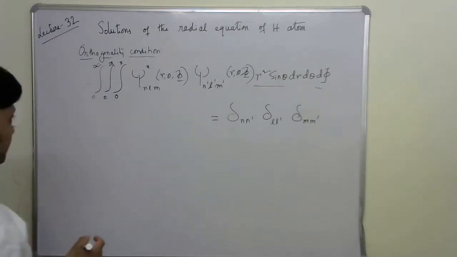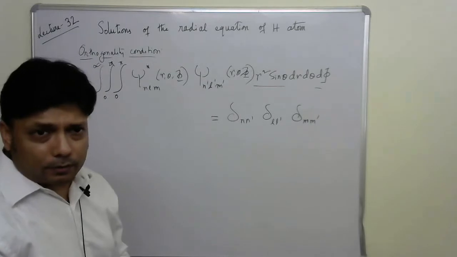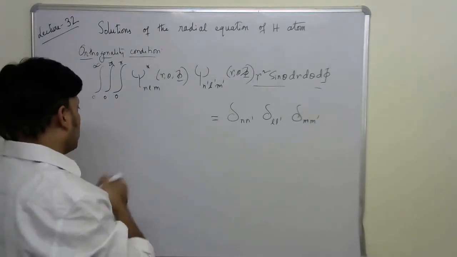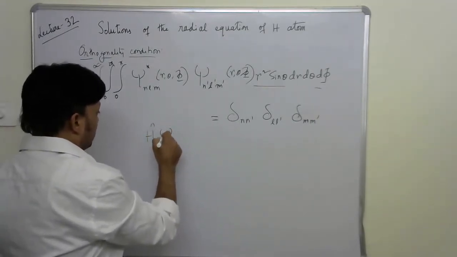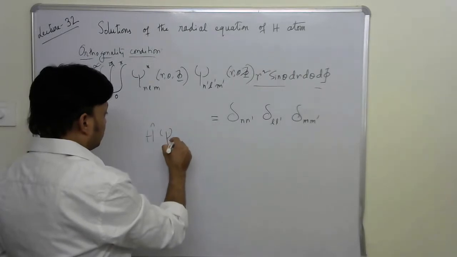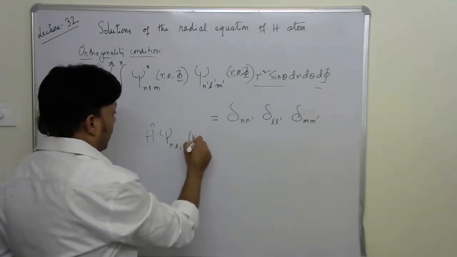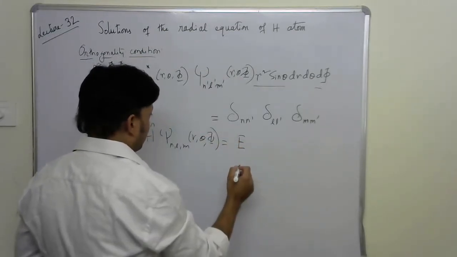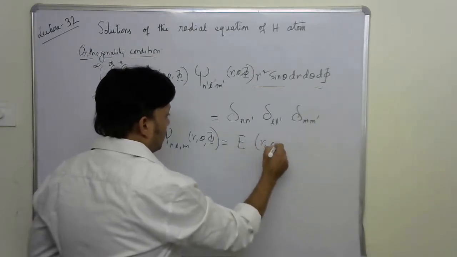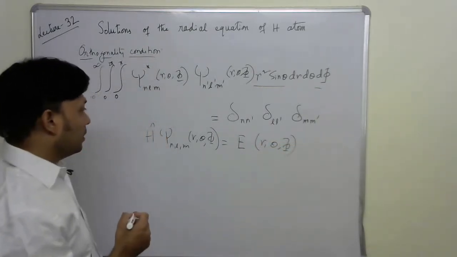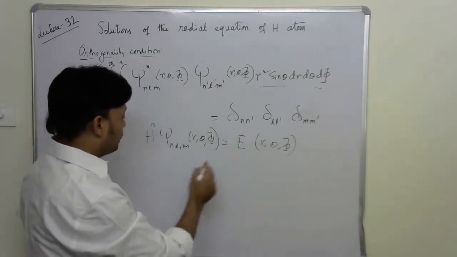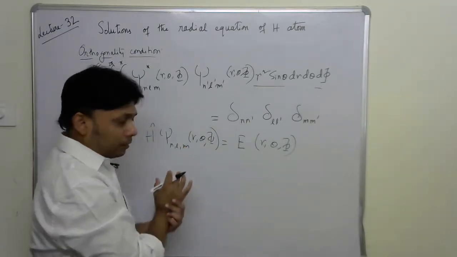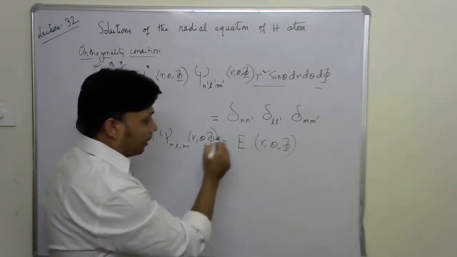Okay, now let's move on to the energy part. That means now we have the solved wave function, but our Schrodinger equation said that H psi n l m (r, theta, phi) should be equal to E psi n l m (r, theta, phi). So now the question is, whenever we have solved it using a particular value of n, l, m, we should get an eigenvalue as the energy.